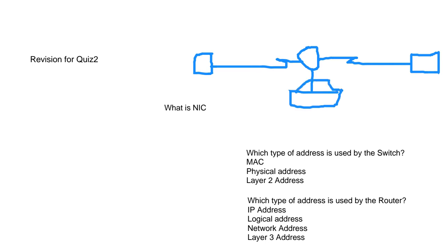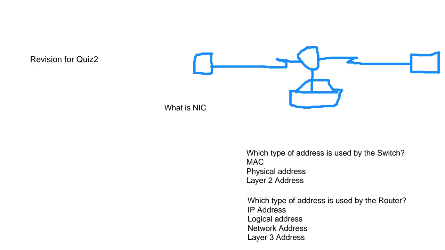How many broadcast domains here? 3. Each router arm or interface is a broadcast domain. How many different LANs? 3. Each one of them is a connection. All right, very good. You're a good group.